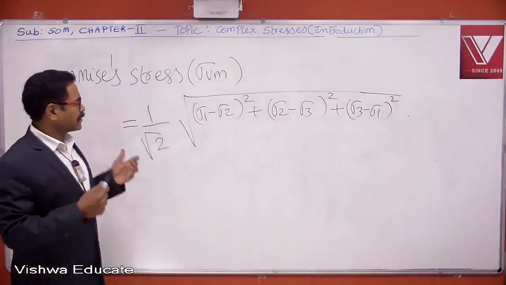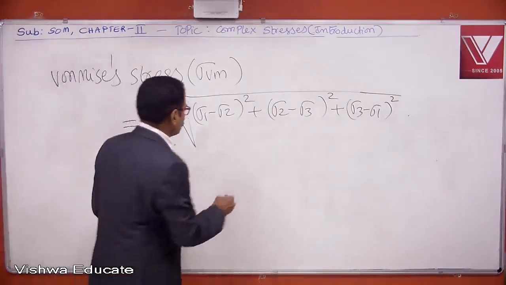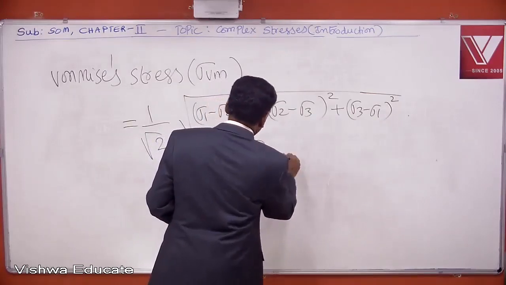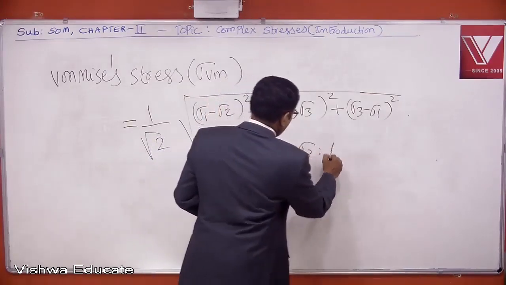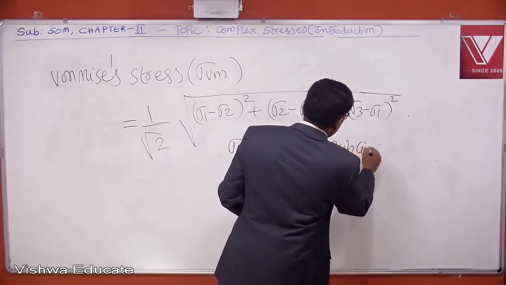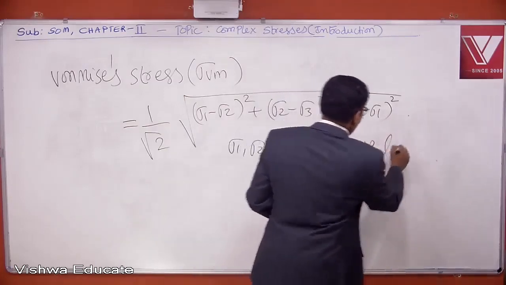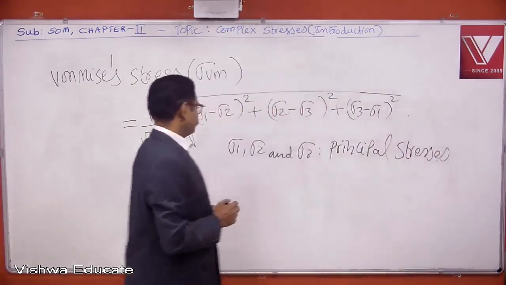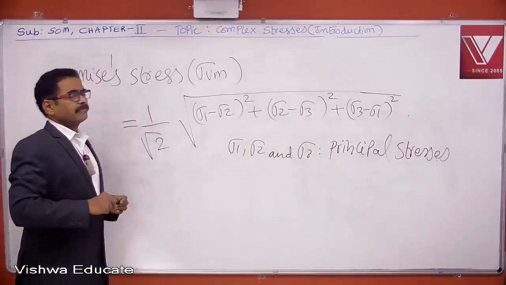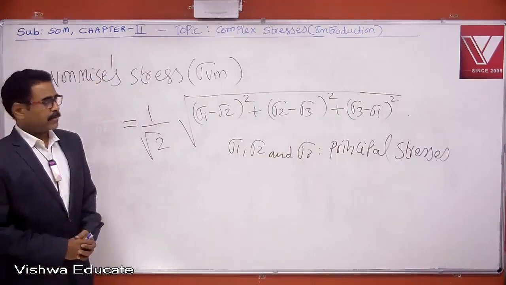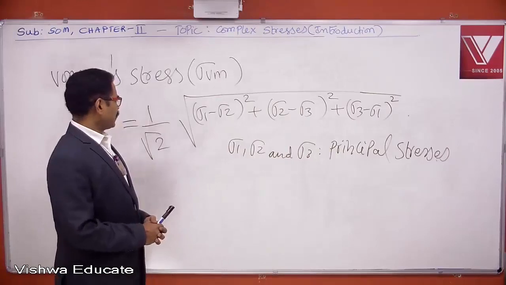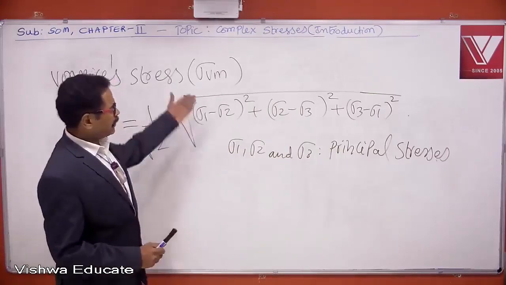Von Mises stress can be calculated by using this formula. Please copy this formula. Here sigma 1, sigma 2 and sigma 3 are principal stresses. Especially mechanical students, try to remember this formula, right? I will explain later, right?